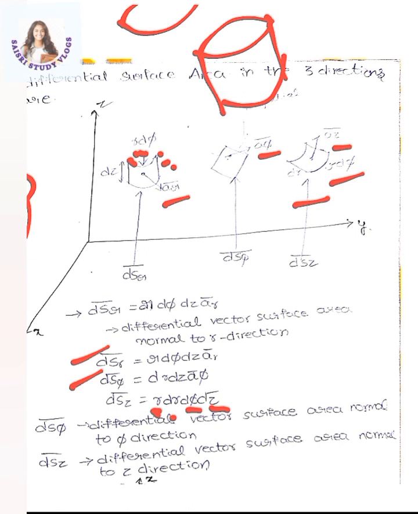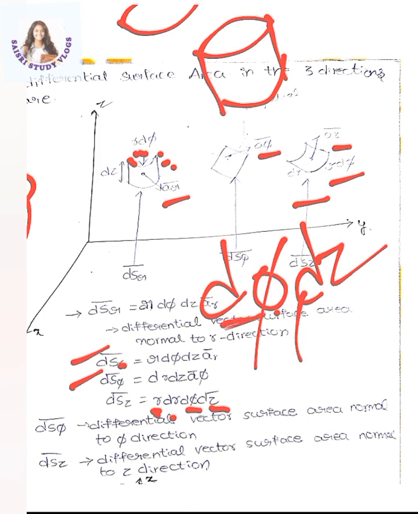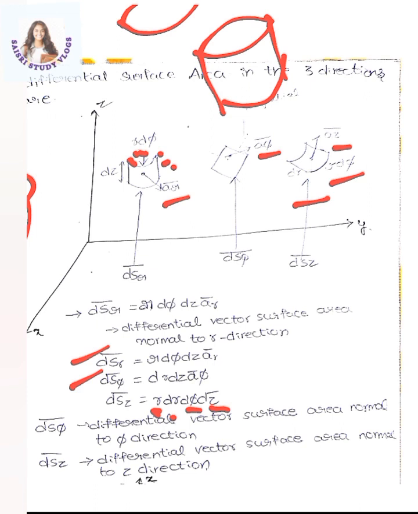How we have to remember is, if we are finding ds bar r, if we are finding for r, then we have to write the other two differential changes. Here we are taking the r, so we take the differential change of the other things. What are the other parameters? Phi and z. Phi is represented as d phi, this is represented as dz, but d phi is represented as r d phi. So the formula will be r d phi dz, and the unit vector here is r, right? So we have to write ar unit vector.